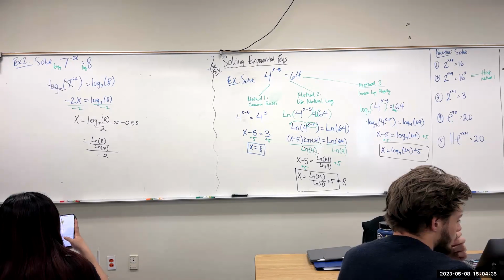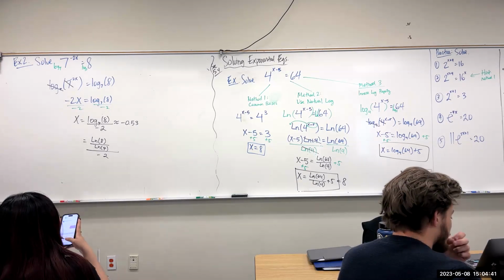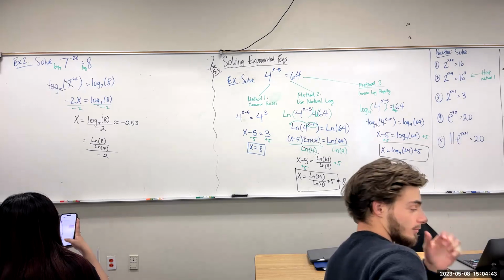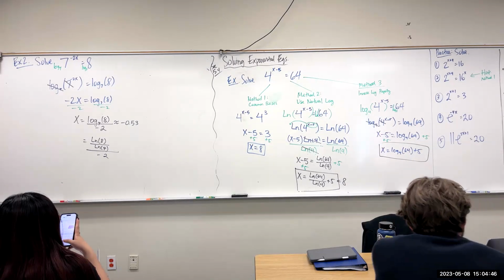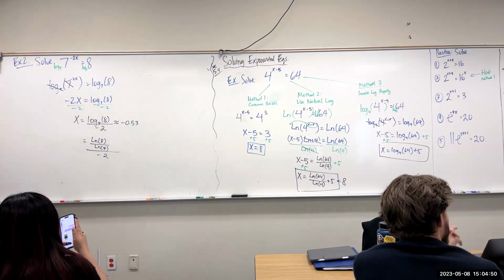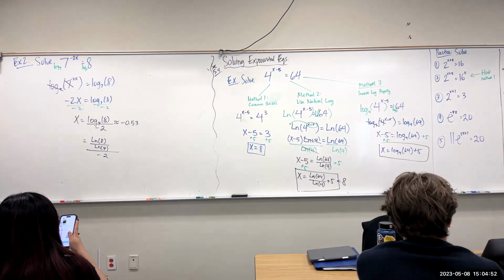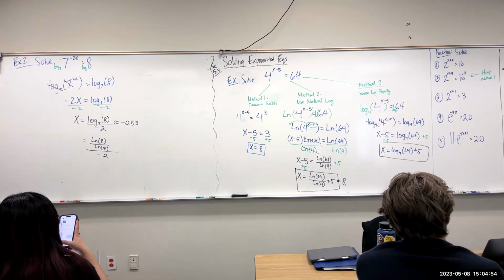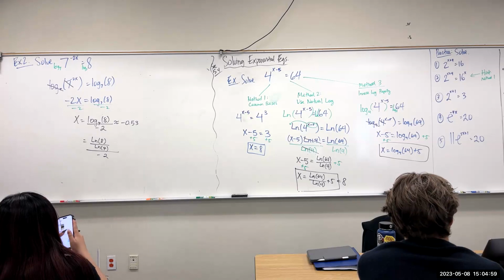Because there's an x in it. When the bases are equal, you just get the exponent and do the work, because the bases are complicated.